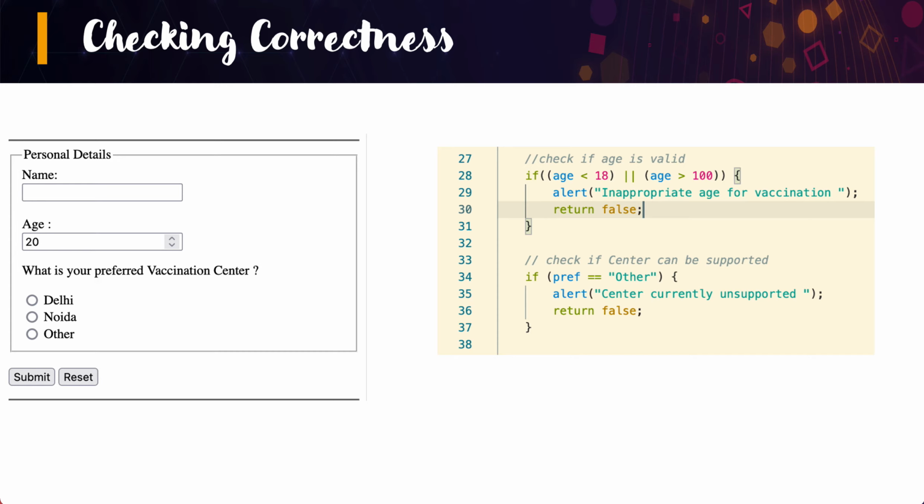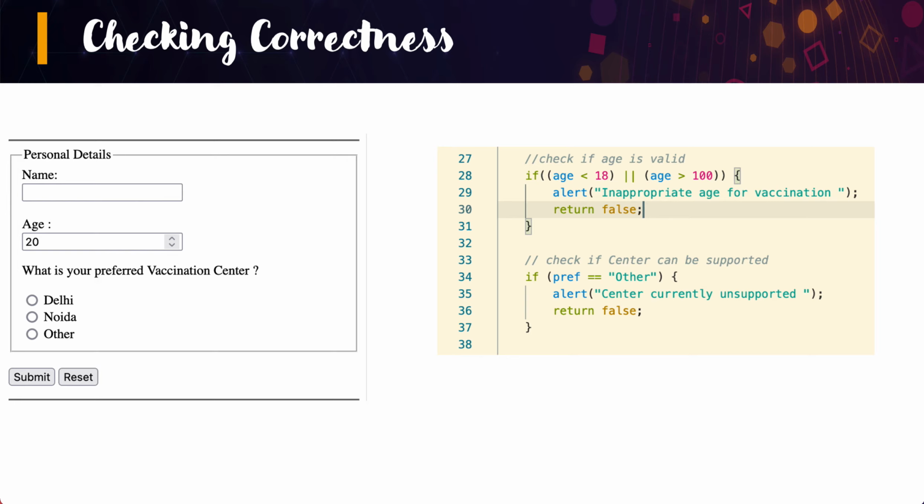So that is one validity that we check. The second validity is, we cannot support any vaccination center. We can support only if it is Delhi or Noida. If user has selected other, then we have to alert the user that the selected center cannot be supported right now. So these two are the correctness checks that we are checking.